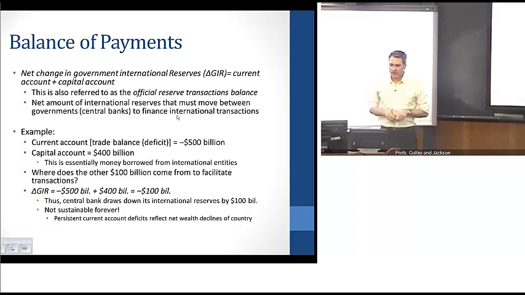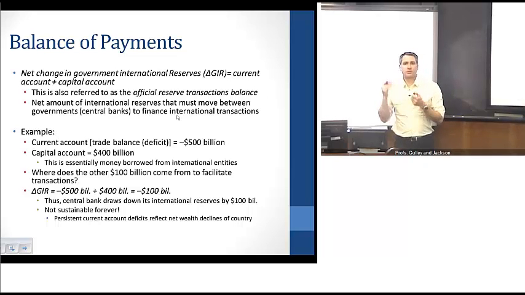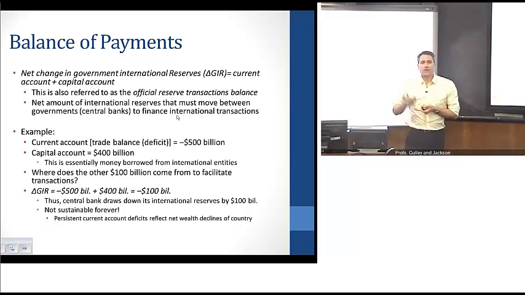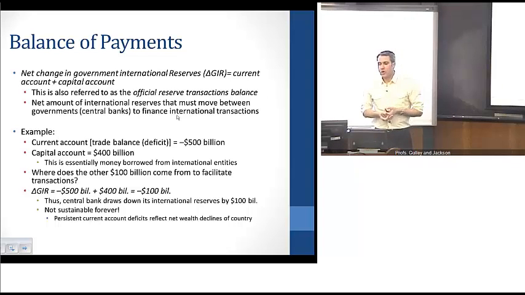And so the point of this is that these trade deficits, persistent trade deficits, can be problematic. If we have current account deficits that are persistently negative, then that represents the fact that the central bank may need to intervene and draw down its international reserves in order to pay down those balances. And that also ties into the idea that it's not a sustainable process forever.